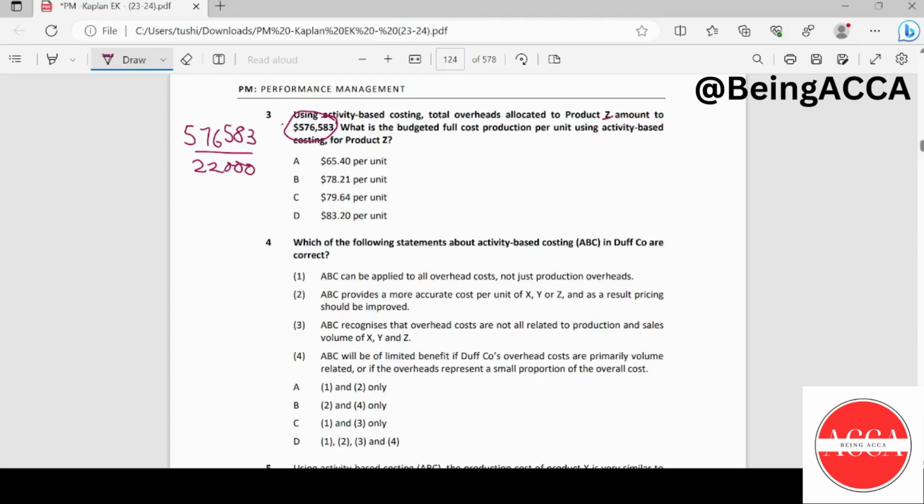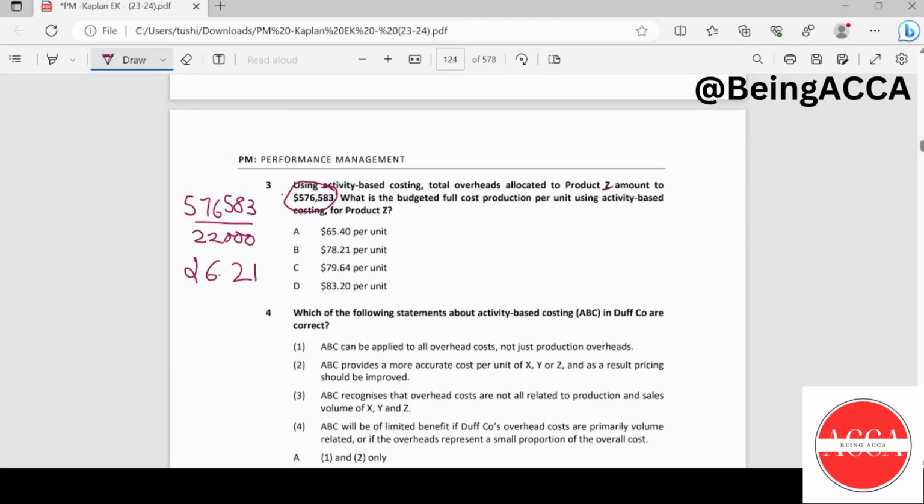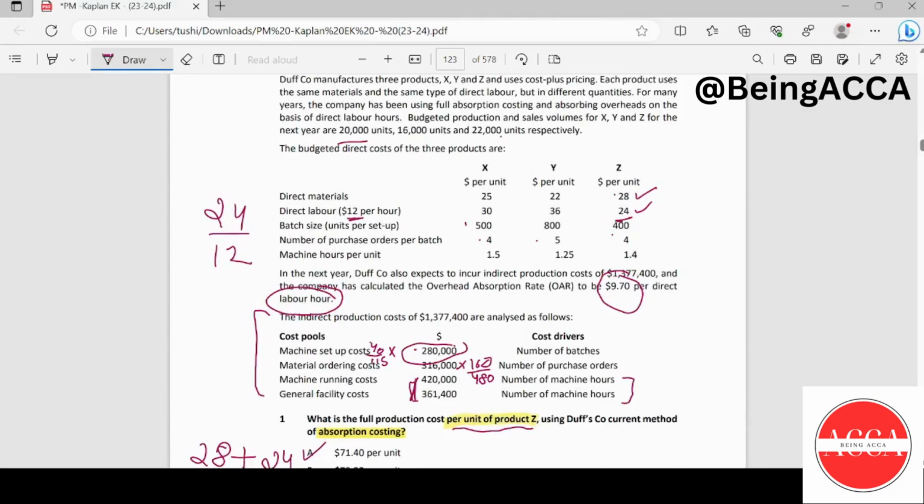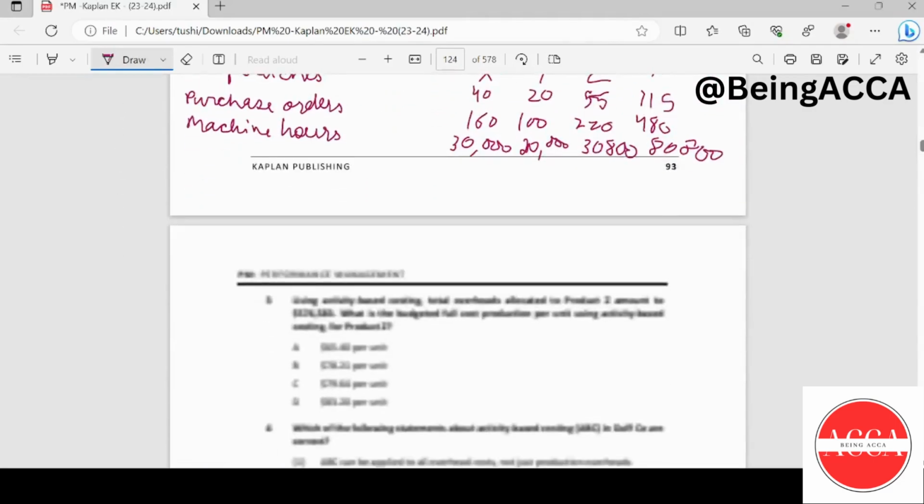This will be 576,583 divided by 22,000, and this gives me 26.21 roughly. And then I'm going to take the material and labor from above. Material for which product are we calculating?